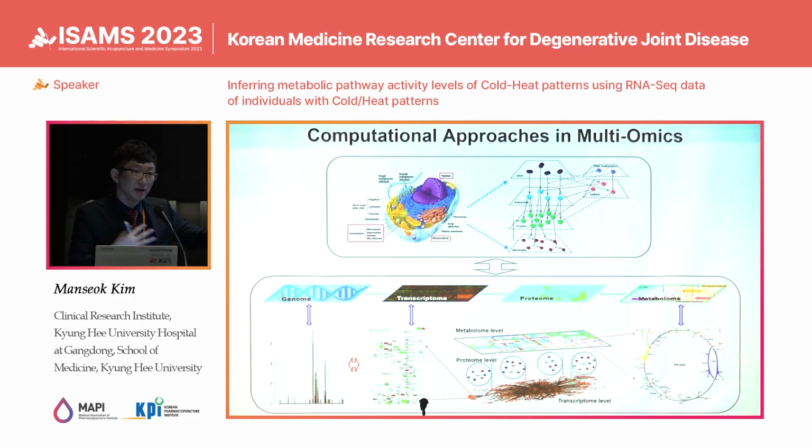At the same time, they are interacting closely with each other. So I've been developing many different algorithms and pipelines to find out what's going on in each system level. And recently, I've been dealing with many different approaches combining those interactions.